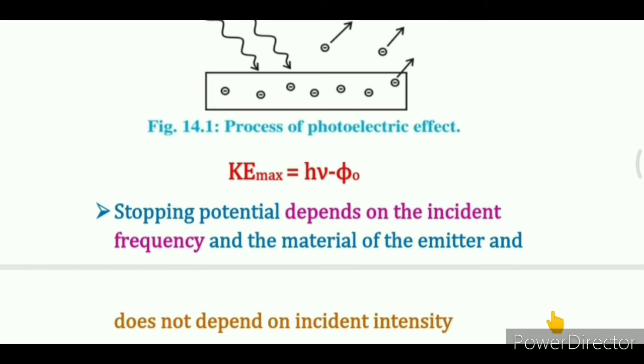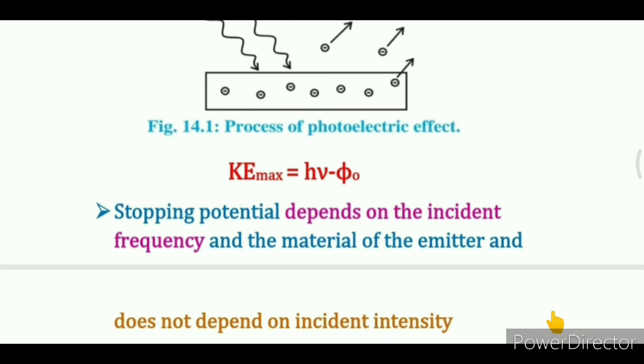Just try to recall: when the collector plate is made negative, the electrons are repelled from the collector plate. The electrons are not reaching the collector plate, because of which the current decreases.